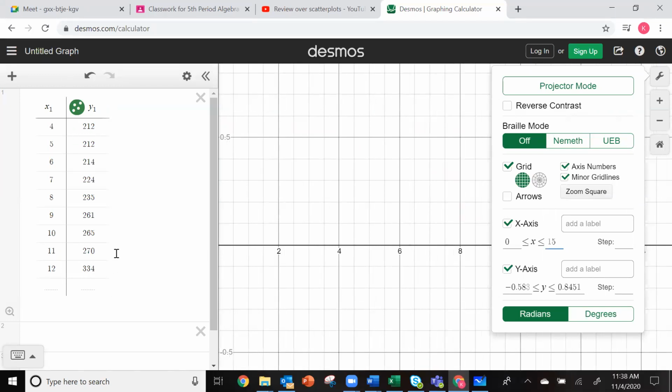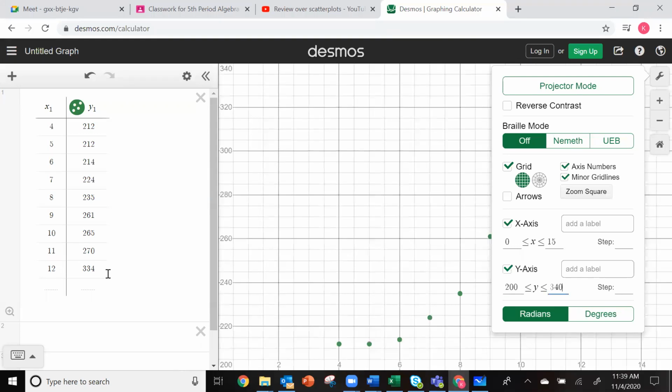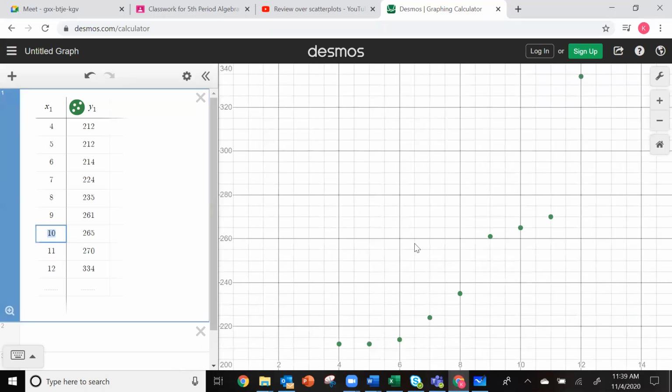My smallest Y number is 212, so let's do 200. My largest number is 334, so let's go to 340. Now, as I click and look, here's my data. This is the scatter plot that we need in order to find our trend lines, and we're going to figure out how to do that in the next lesson.